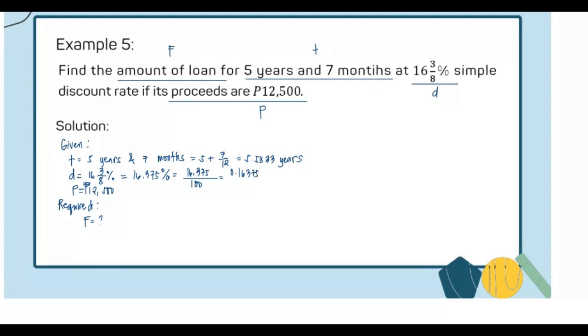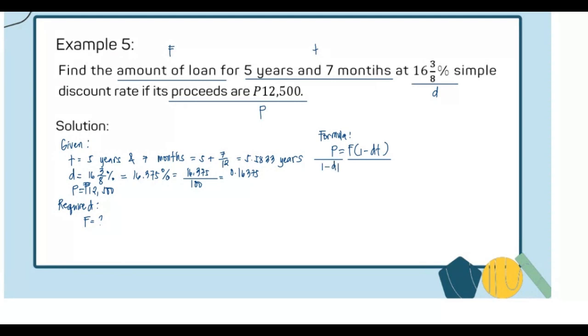So, for the formula, I think we could use na lang yung ating formula for the proceeds. Again, the formula for the proceeds is P is equal to F times 1 minus dt. As you can see, meron lahat tayo nito. We have the proceeds, we have the discount rate, we also have the time. So we are just going to do algebraic manipulation so that we could isolate F. For this case, we are going to divide both sides with 1 minus dt.